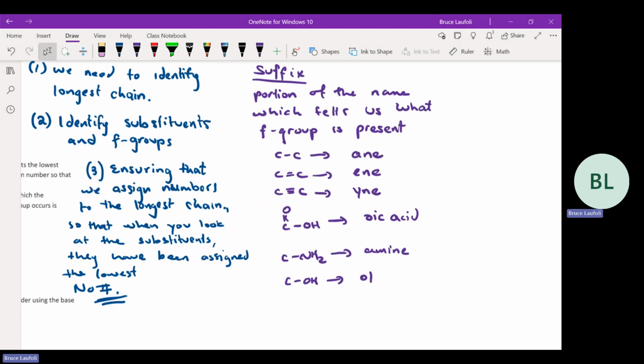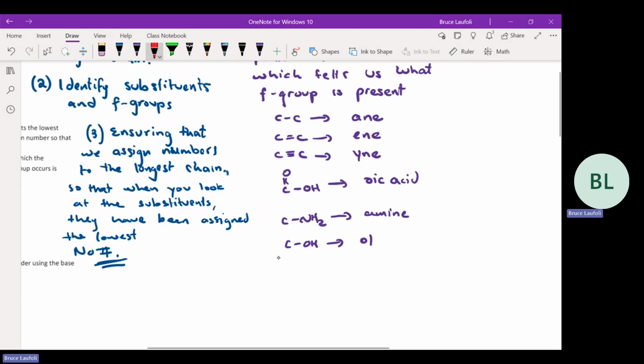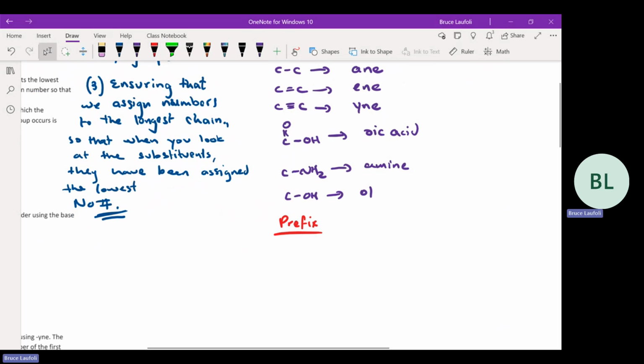The other component is prefixes. And a prefix, pre obviously means before. A prefix tells us how many carbons are in the longest chain.